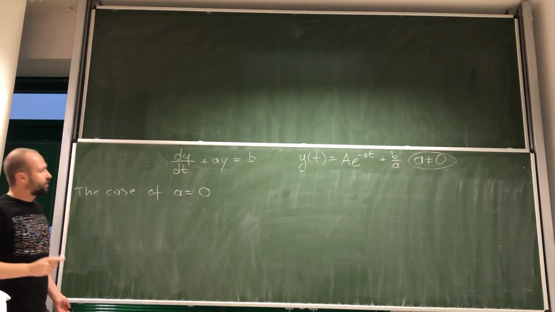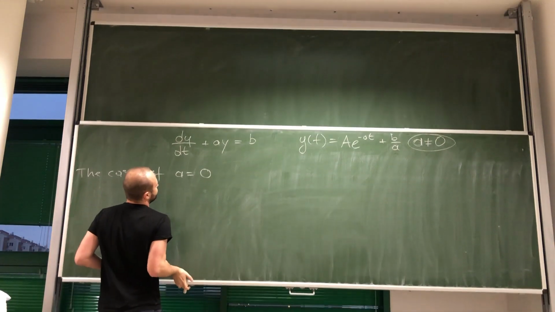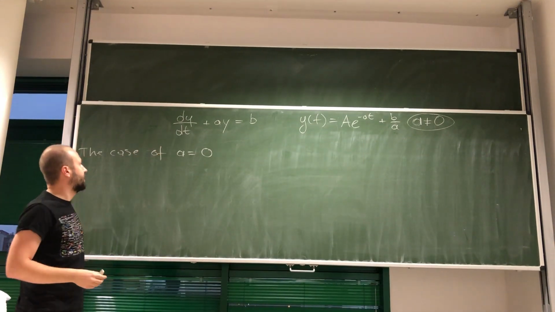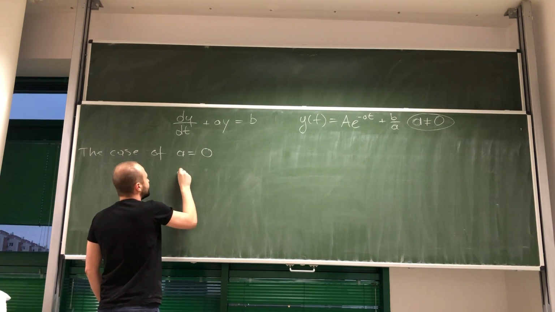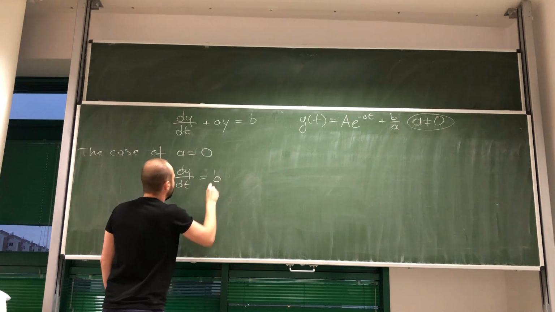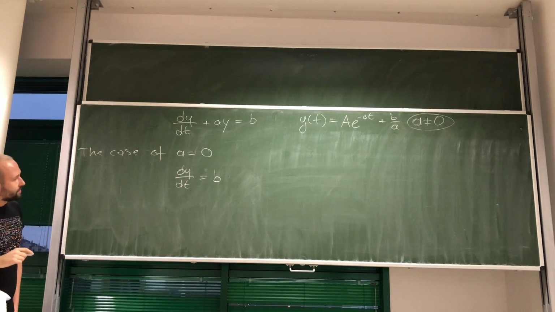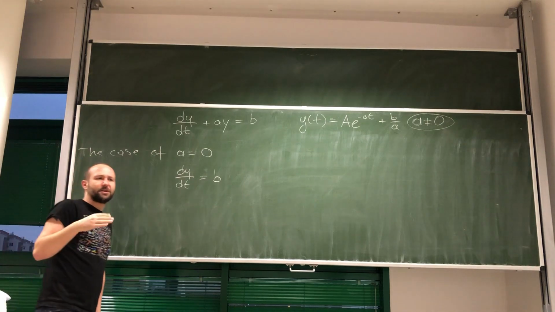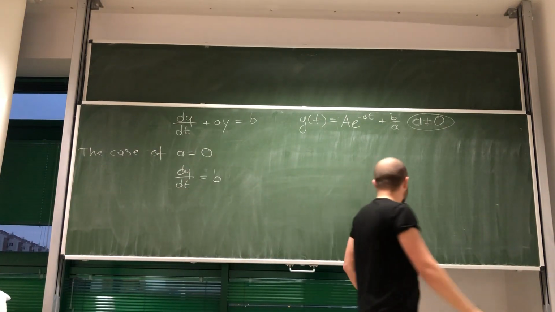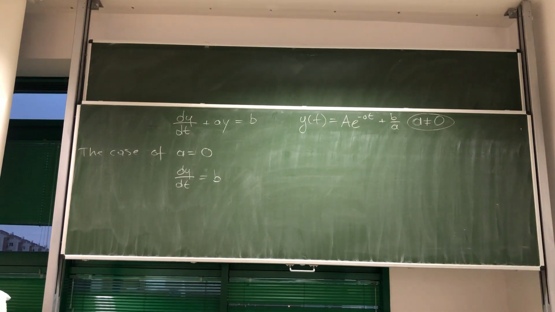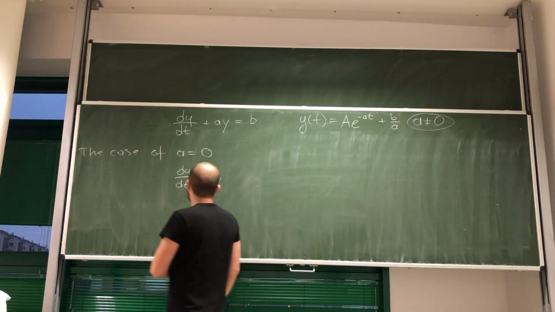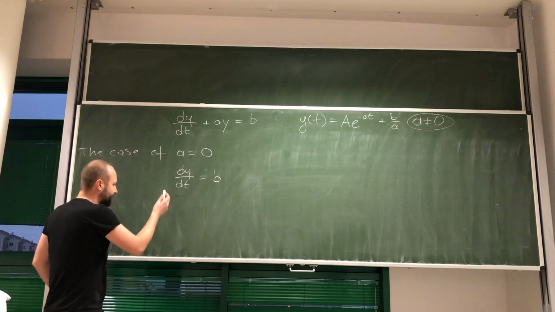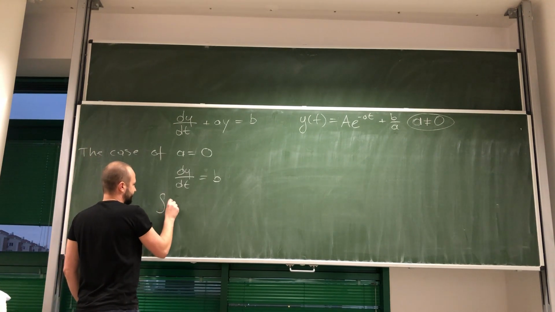Okay, let's see first what happens to this equation. This equation transforms into dy/dt equals b. And look, this equation is something we can solve using simple integration, right? First, I'm going to take an integral of both sides of this equation.